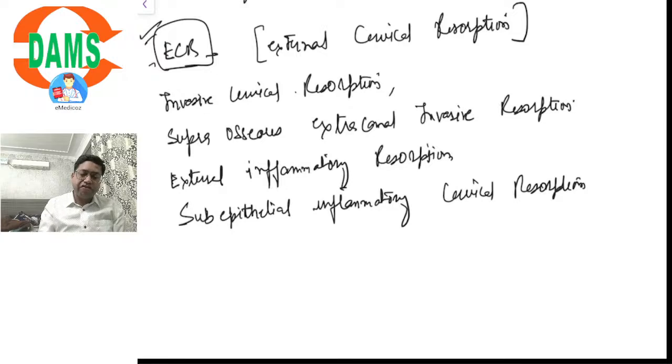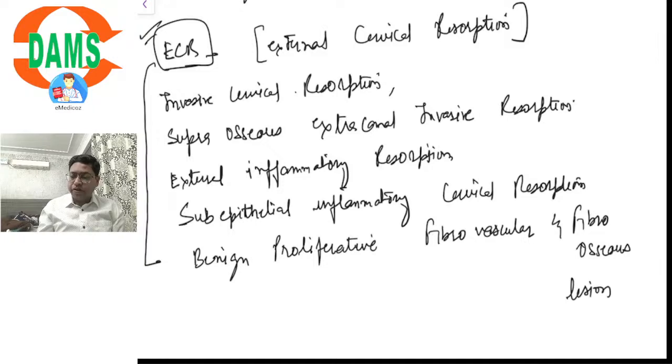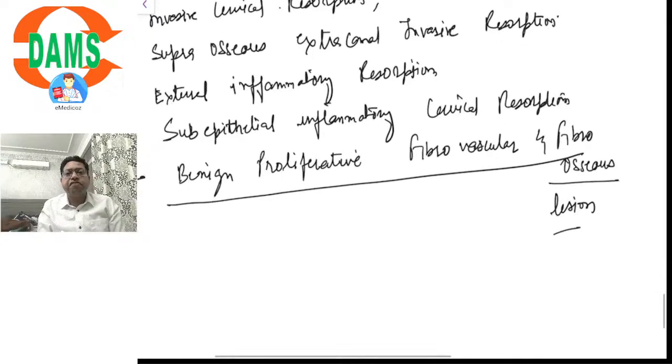This external cervical resorption is basically considered to be a benign, proliferative, fibrovascular, and fibroosseous lesion. What type of lesion is external cervical resorption? It is a benign, proliferative, fibrovascular, and fibroosseous lesion.